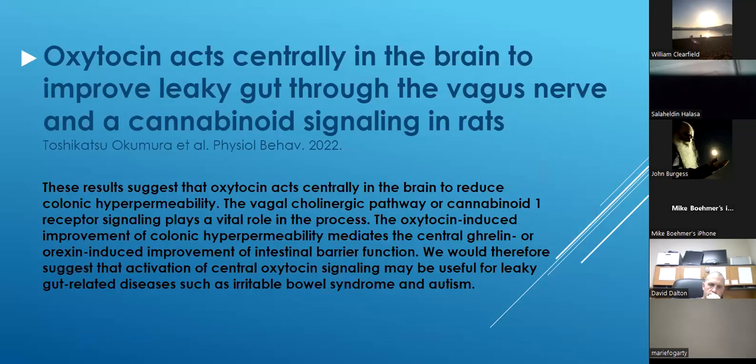Oxytocin acts centrally in the brain to improve leaky gut through vagus nerve and cannabinoid signaling in the rat. So oxytocin does help to decrease the inflammation of the gut, and it does help to increase the barrier of the gut, the tight junctions of the epithelium that lines the gut, managing leaky gut syndrome.